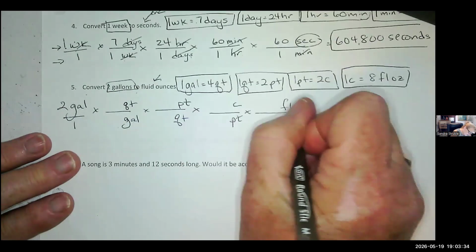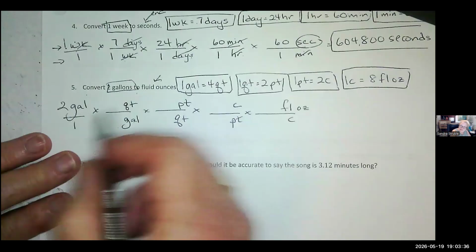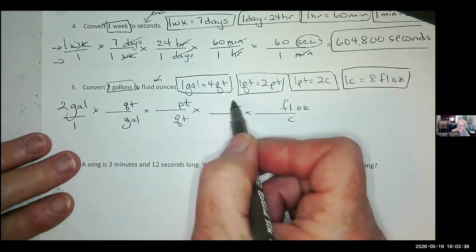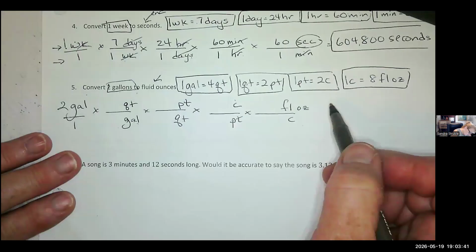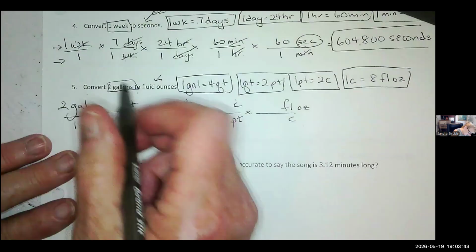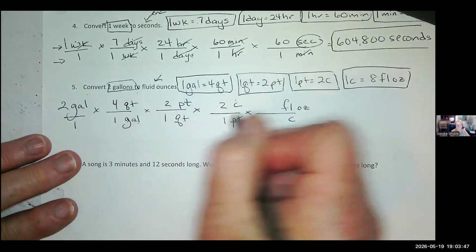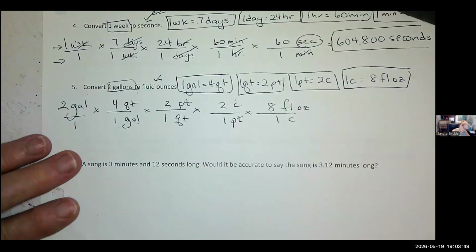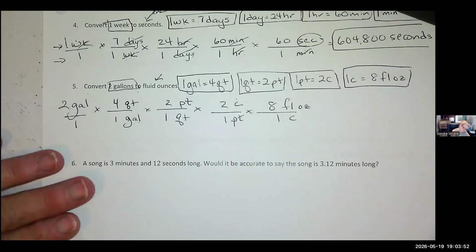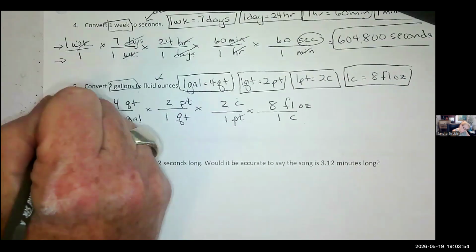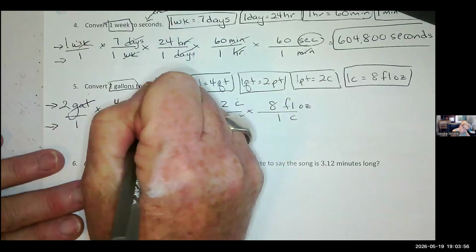Once you make sure that these all cancel out, that means they're in the right locations, you can put in the numbers. 4 quarts for a gallon, 2 pints for a quart, 2 cups for a pint, and 8 fluid ounces for 1 cup. Multiplying straight across the top and straight across the bottom. Gallons are gone, quarts are gone, pints are gone, cups are gone.